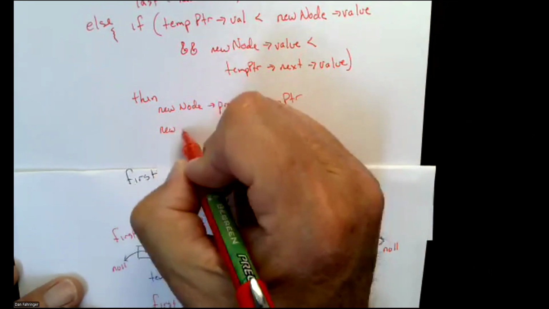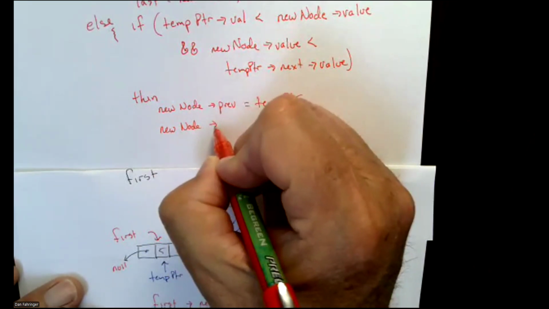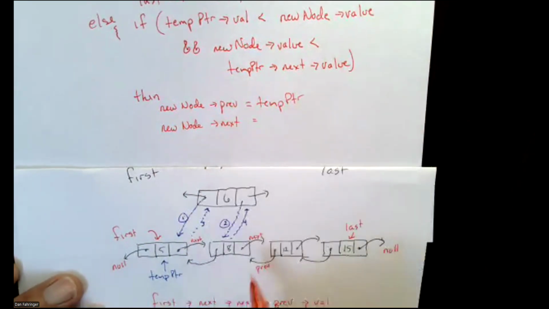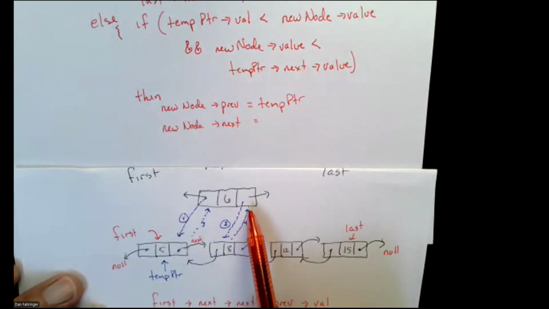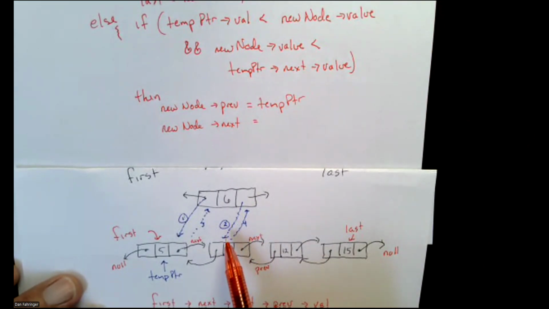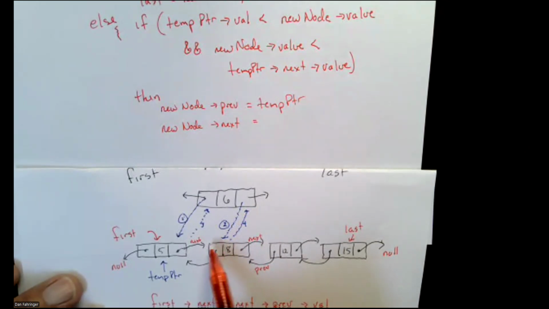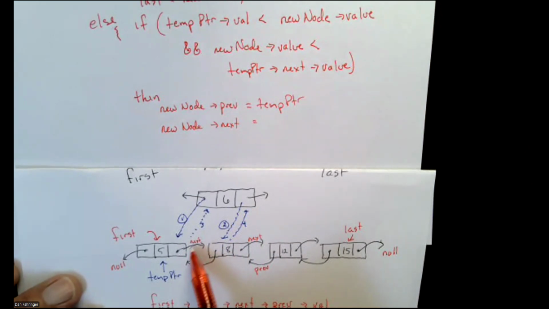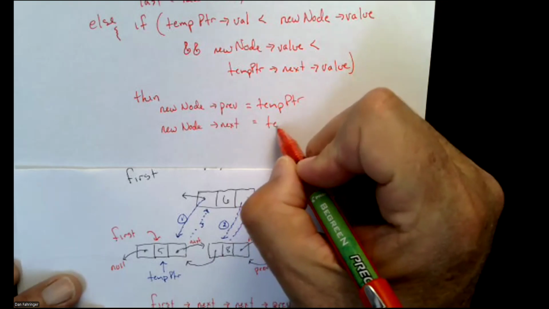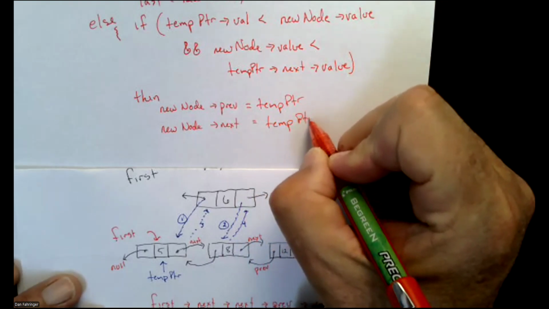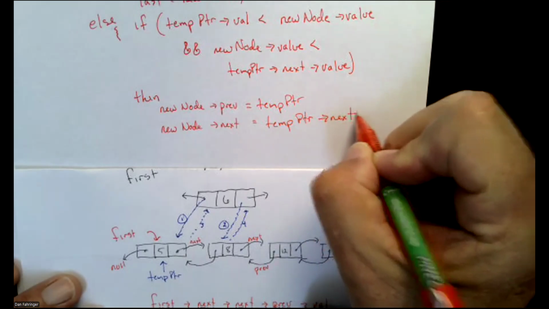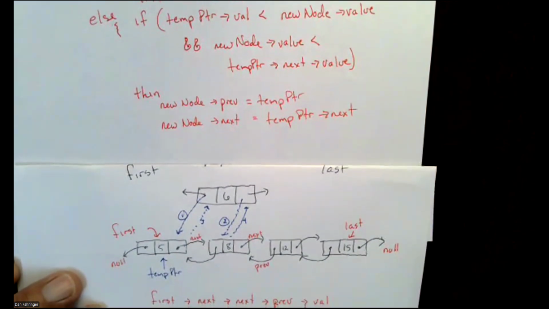New node next gets the value of temp pointer's next. That's this. It's going to get the value to point here. Which line points here? That bad boy right there, right? I want this to point to this node. Currently, this is what points to that node. And that's temp pointer's next.